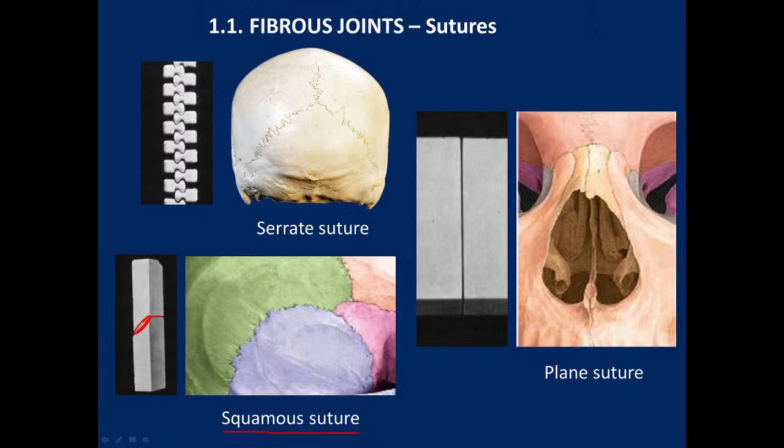This type of suture we find between temporal bone and parietal bone. Usually these two bones are connected with such a type of suture.